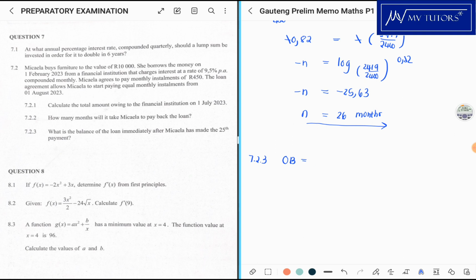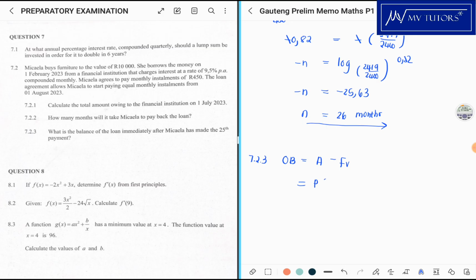So basically it is your compound formula minus your future value formula. Whatever it is that they're asking for, like after Michaela has made the 25th payment, in the place of n you will be putting 25. That's the beauty with this formula. You just use the values as they need it.